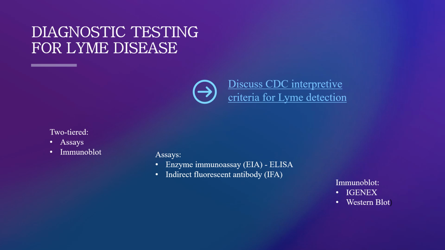Diagnostic testing for Lyme disease begins with the current CDC interpretive criteria for serodiagnosis of Lyme disease, involving a 2-tiered approach. These consist of a first-tier enzyme immunoassay, also known as an EIA, or an indirect fluorescent antibody, which is called an IFA assay.